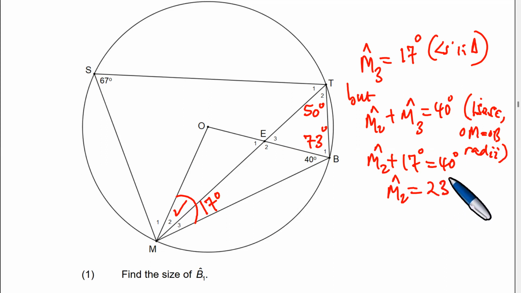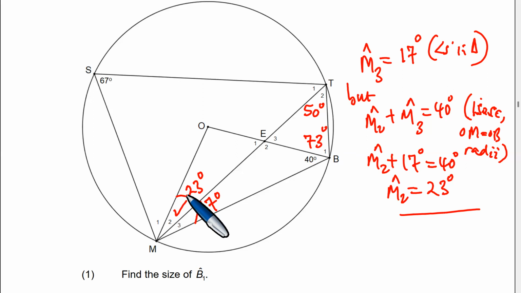That is the answer. We have found angle M2, to actually become 23 degrees there.